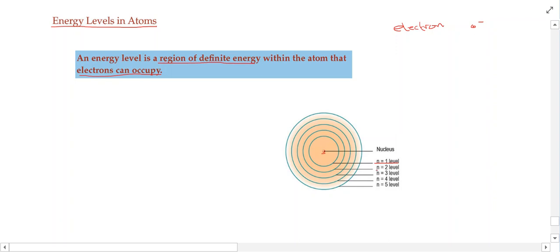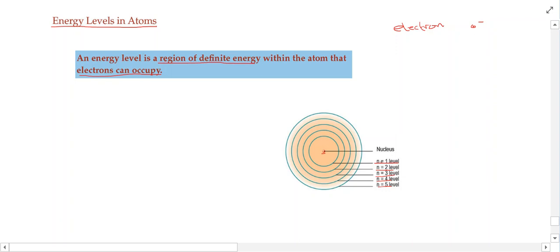Then moving out from that, we have n is equal to 2, n is equal to 3, n is equal to 4, and n is equal to 5. So each of these regions have different capacities for electrons, as in the number of electrons that can occupy these particular levels. And they also have different energy values as well.